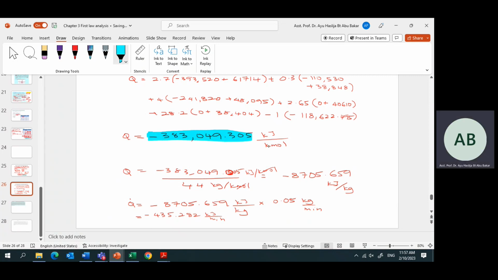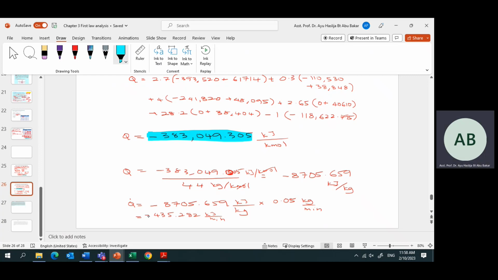For the Q, kilojoule per kmol. Then to find the Q dot, divide by the molar mass to get the kilojoule per kg, then multiply by the rate that you are given earlier.